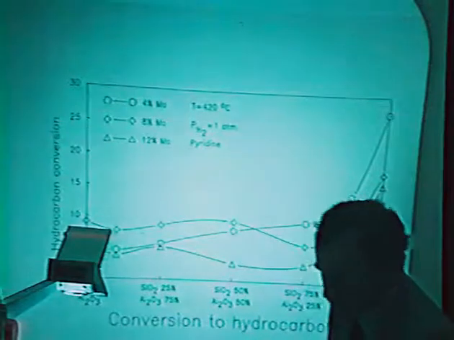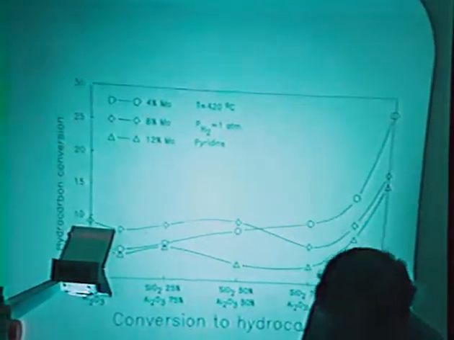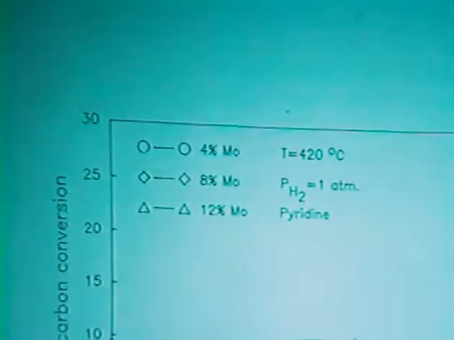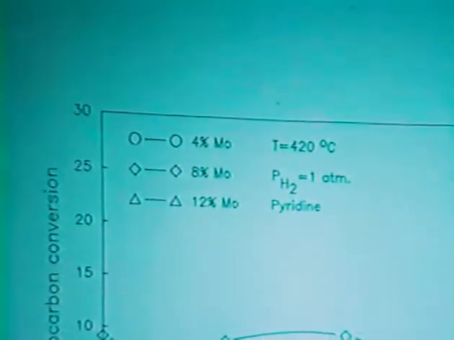So we did the reaction using pyridine at atmospheric pressure, 420 degrees, over different loadings of molybdenum on different supports like silica, alumina, and silica-alumina, which we know have different acidities.